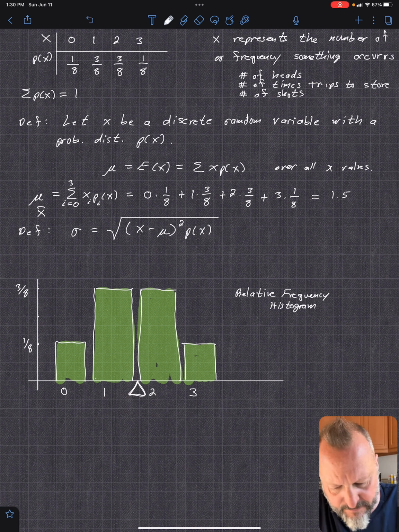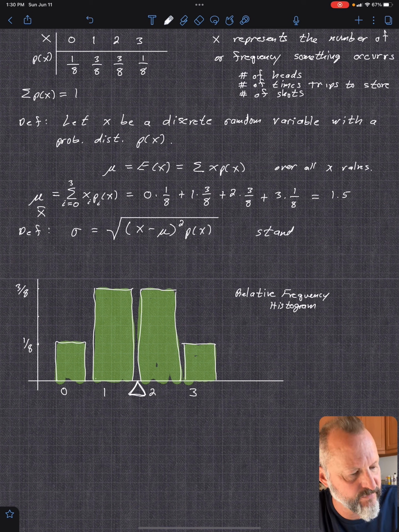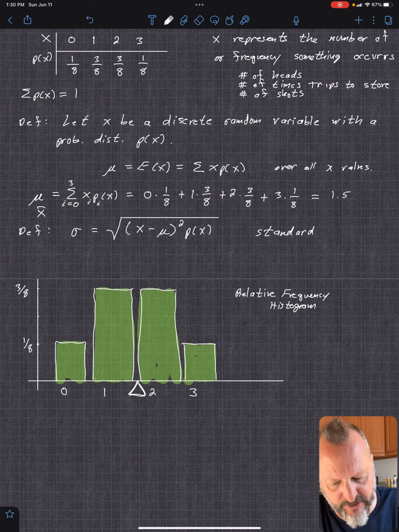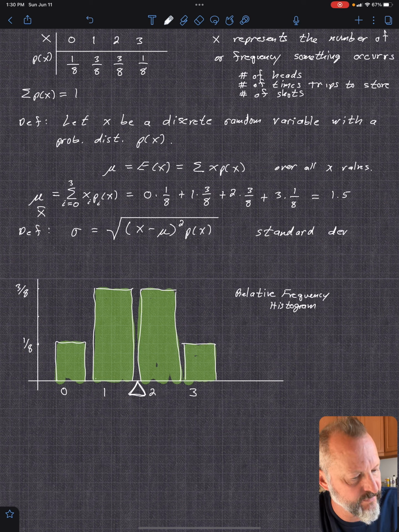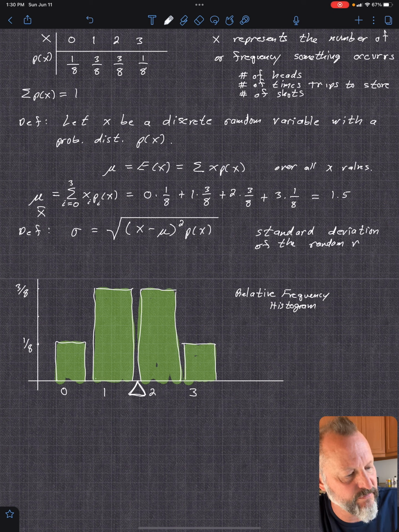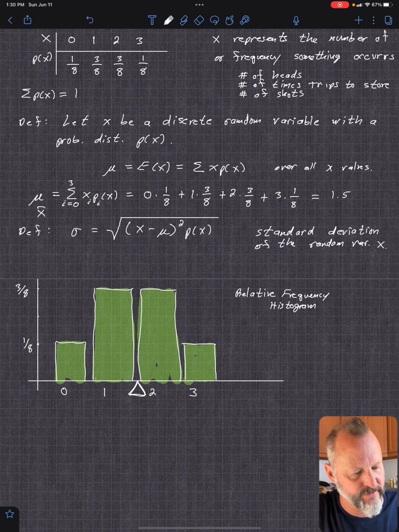So that's the standard deviation of the random variable x.